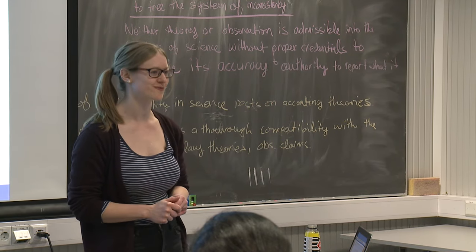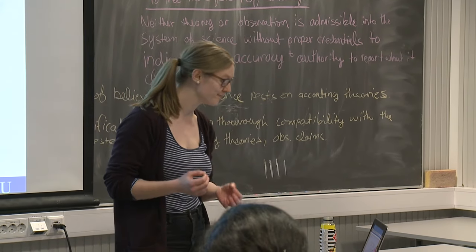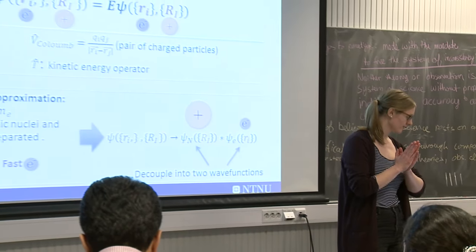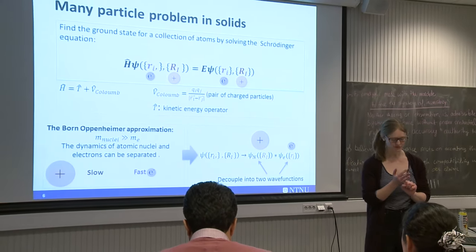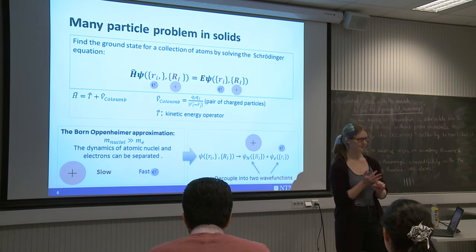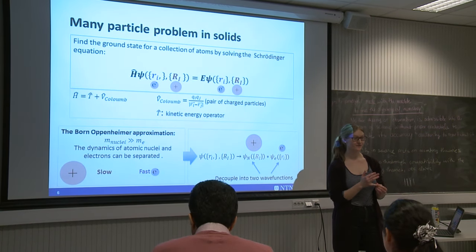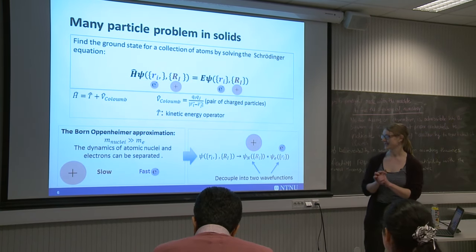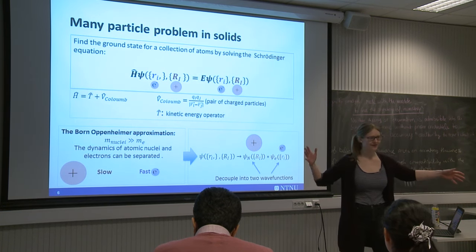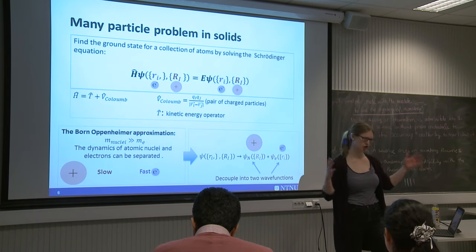So let's try to make this at least a bit simpler. And the first thing we do is apply the Born-Oppenheimer approximation. That approximation basically says that the nuclei are big and heavy and slow.